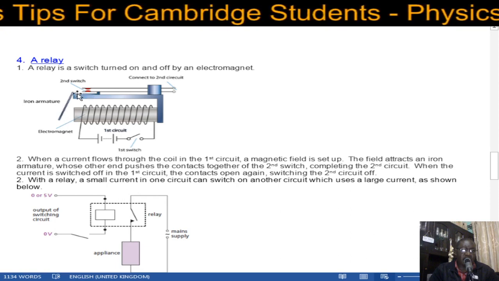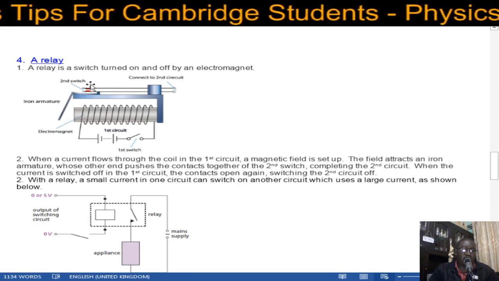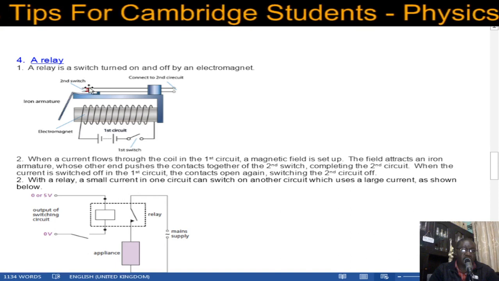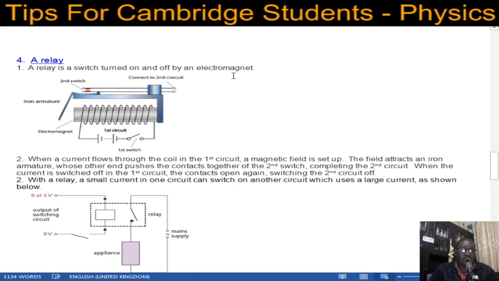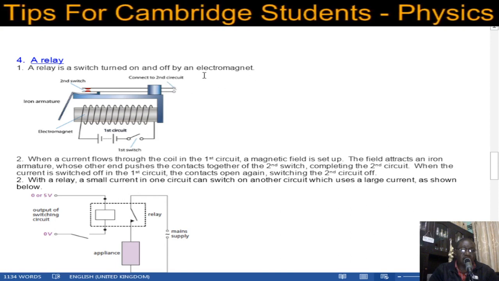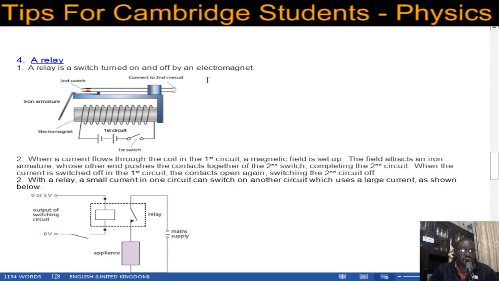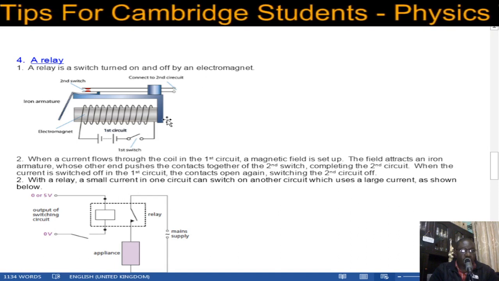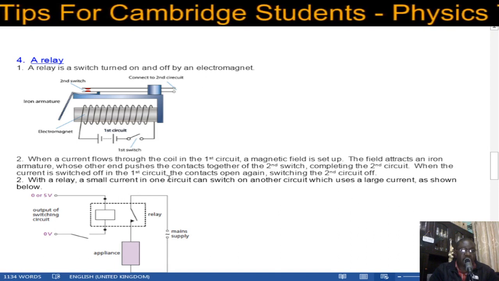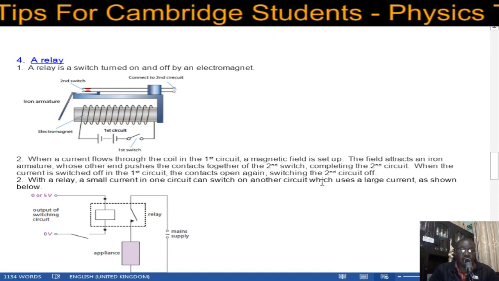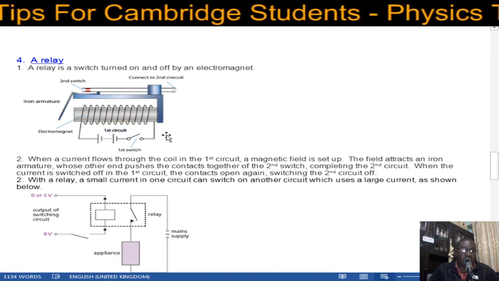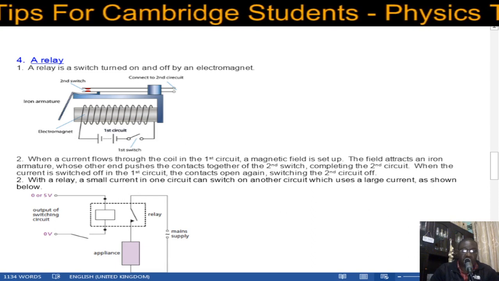When it does that, by pivot action, it pushes the contacts to close. And then when these contacts close, we do have a second circuit, which is a generator, a motor, or something that uses a larger current. So with a relay, a small current in one circuit can be used to switch on another circuit which uses a large current, as I've explained.